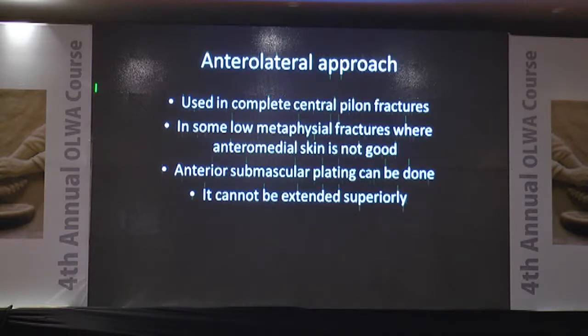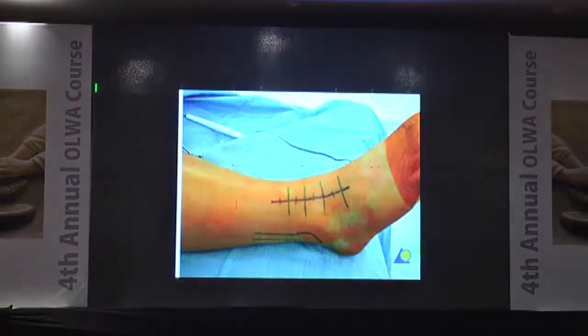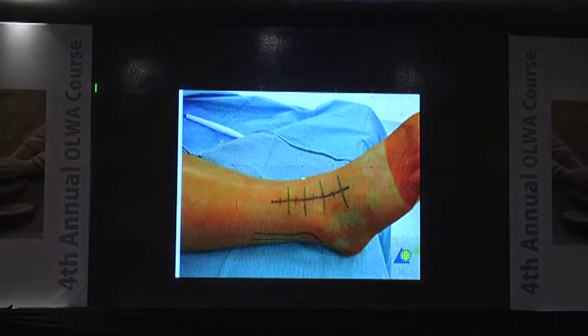Coming to the anterolateral approach, it is used in complete central pilon fractures, and in some low metaphyseal fractures where the anteromedial skin is not good, and an anterior submuscular plating can be done. It cannot be extended superiorly. That's the restriction. So you take an incision which is midway between the medial and lateral malleolus.